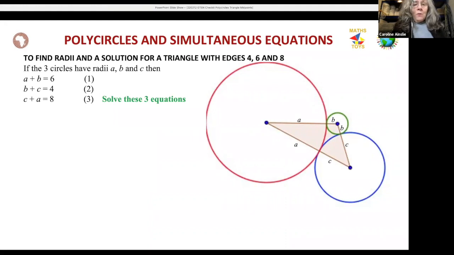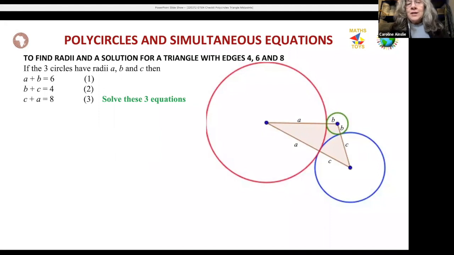So you've got the example there, and the challenge is to solve the three equations being the length of each edge of the triangle that is formed by connecting the centers of the three connected circles. So find the radii and a solution for the triangle with edges. So you've got the formula there.